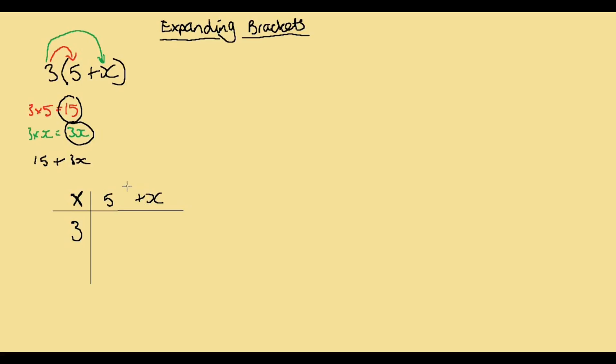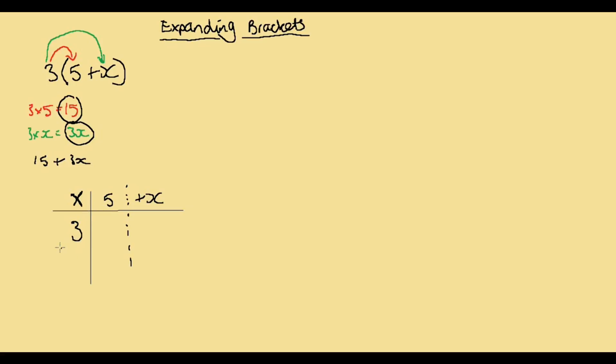Now I've put a bit of a gap here because this x has the plus attached to it. Any number or letter has a sign attached to it on its left hand side. This x has the plus. The 5 is also a plus, but we just can't see it because we don't usually write positive 5 plus x, because we just assume that the 5 means a positive 5. So what do we do from here?